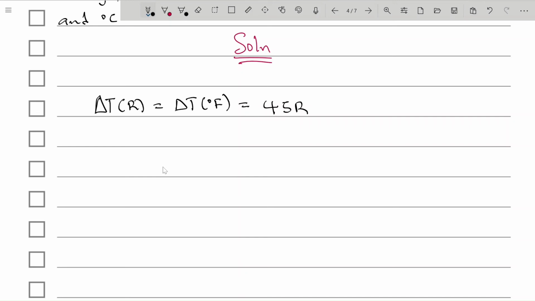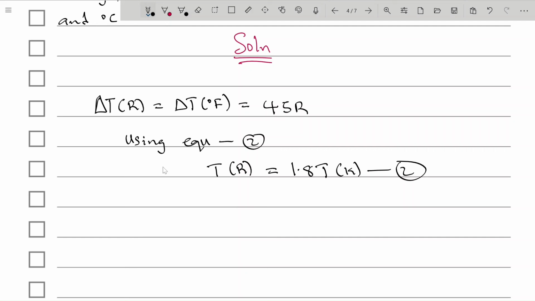Therefore, using equation 3, temperature in degree Rankine is equal to 1.8 times temperature in degree Kelvin.